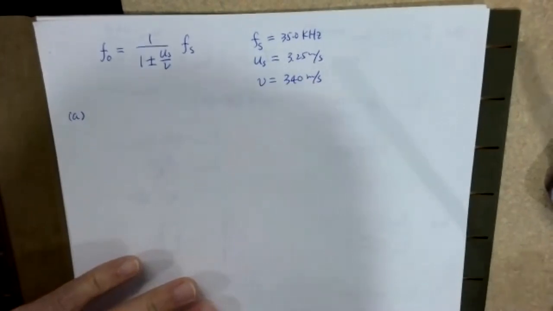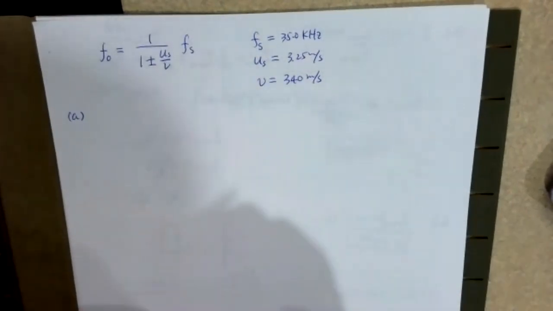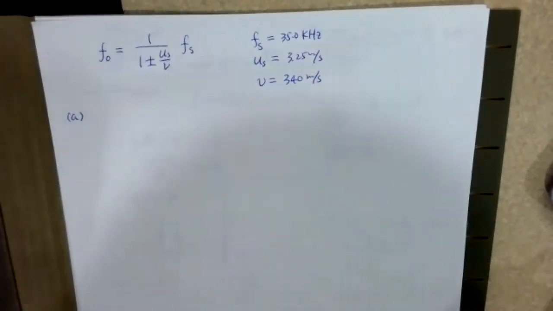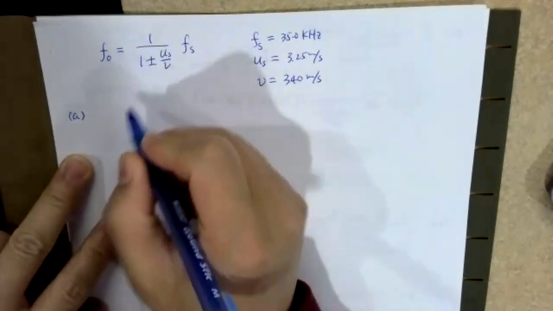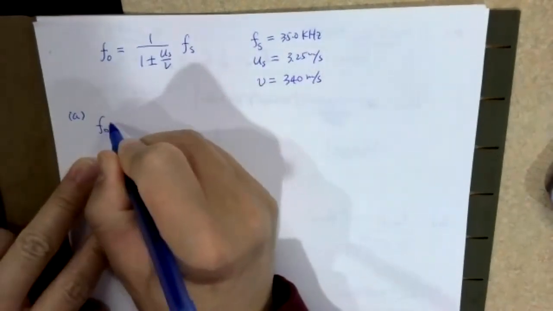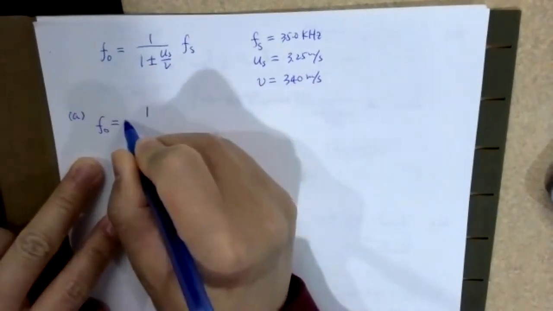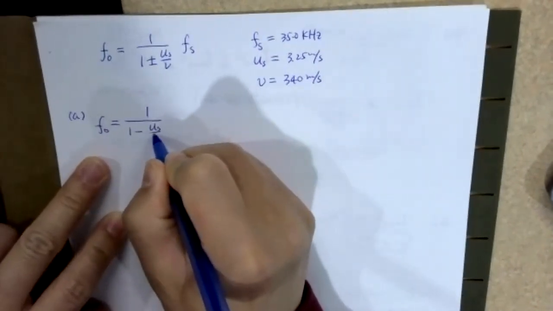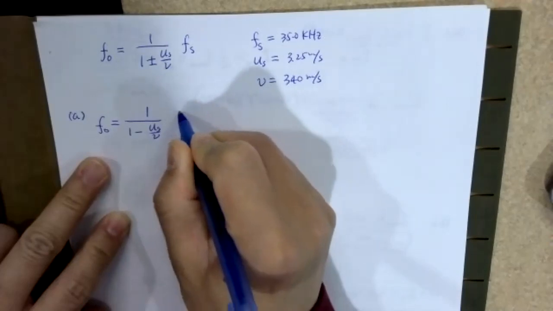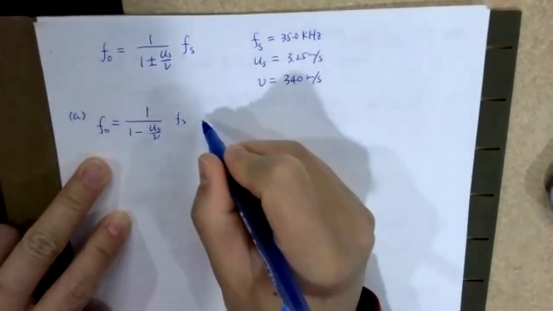All right, let's take a look at this one together now. Because the bat is approaching the moth, the source is moving towards the observer, so you'll take the negative sign here. F of O equals 1 minus U_S over V times F_S.